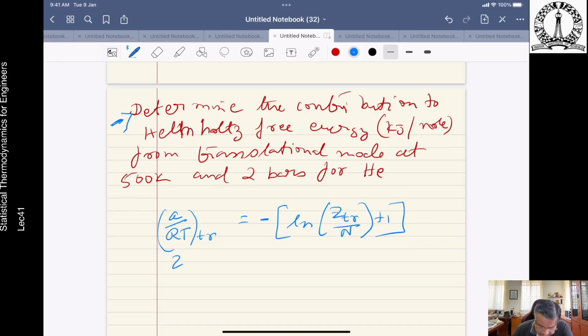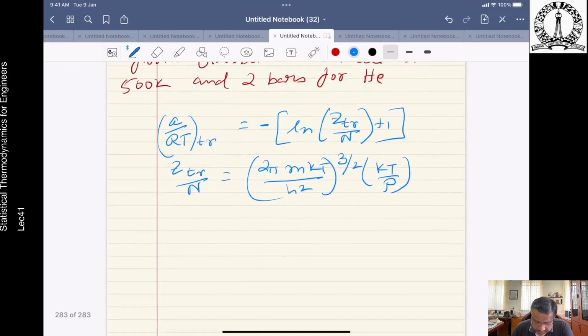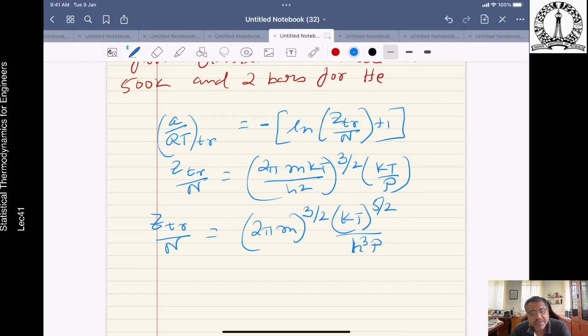Z_TR by N is given as (2 pi m kT / h^2)^(3/2) kT by P. Now Z_TR by N is equal to (2 pi m)^(3/2) (kT)^(5/2) divided by h cubed into P.